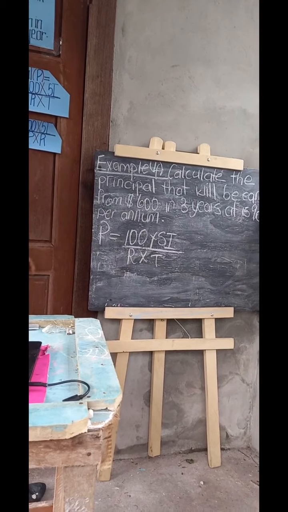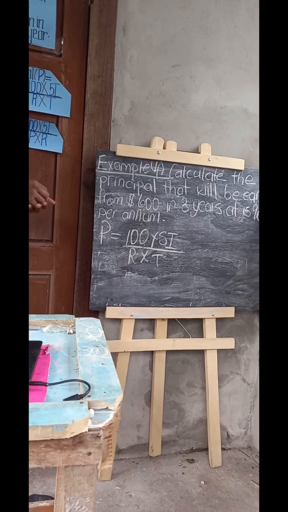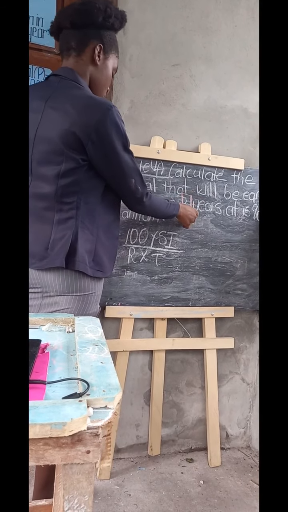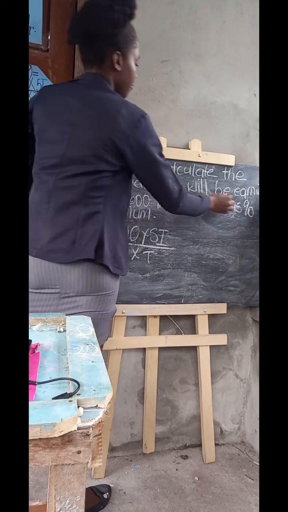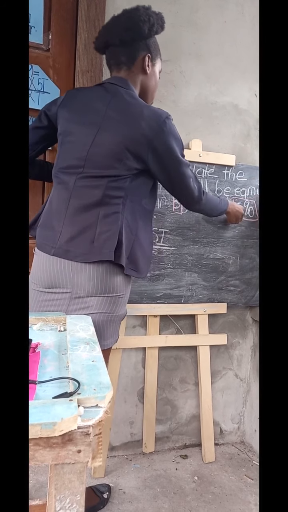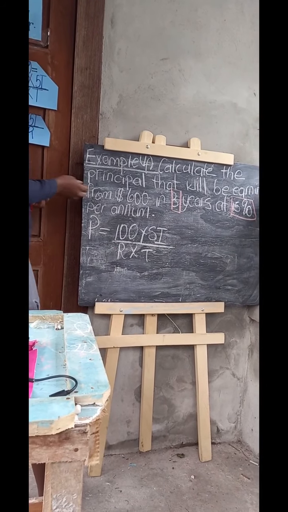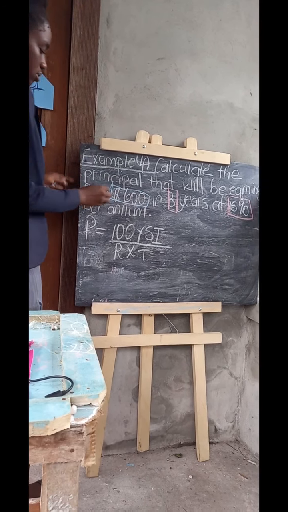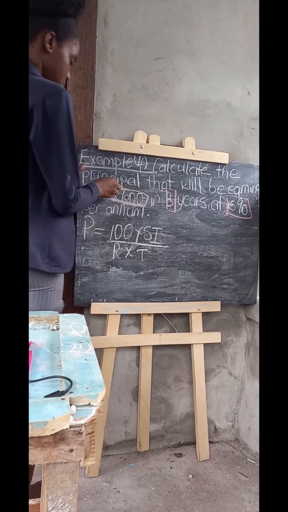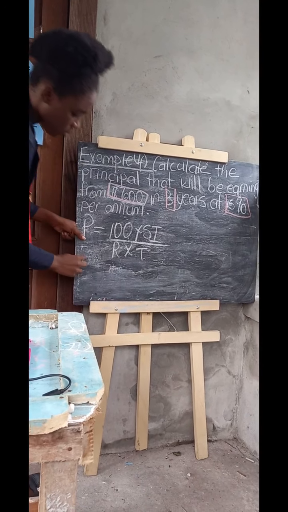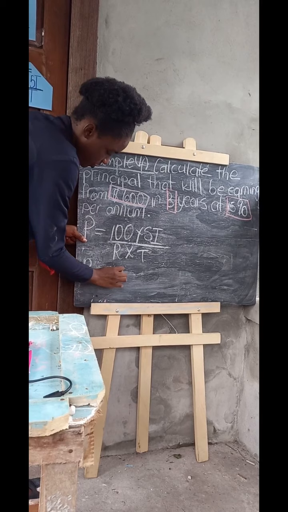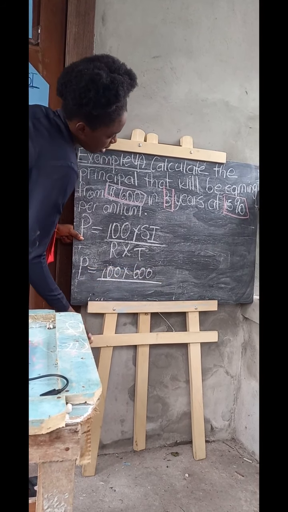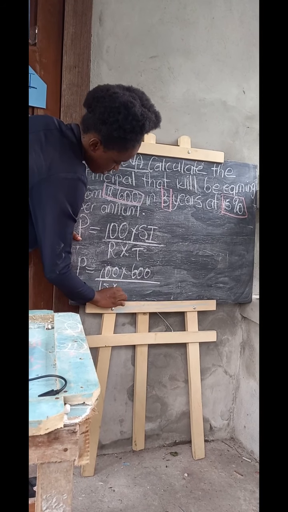Alright? So, we know that we have 3 years. That's our time. 15% is our rate, and our simple interest is 600. So, P equals 100 times 600 divided by a rate of 15 times 3.